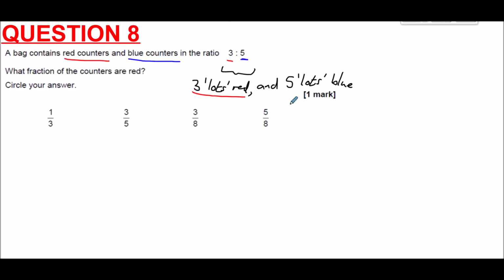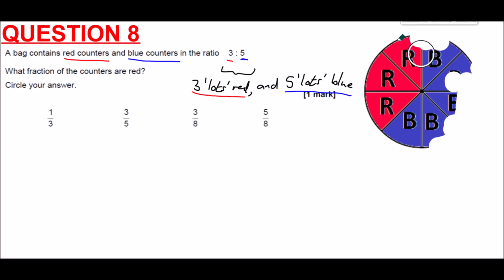And so what I've done here is given a diagram to illustrate how you can think of this. Three lots of red, 5 lots of blue. So in total there's 8 different lots of counters.